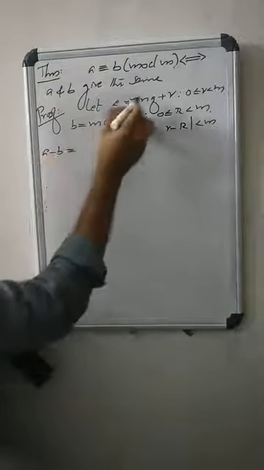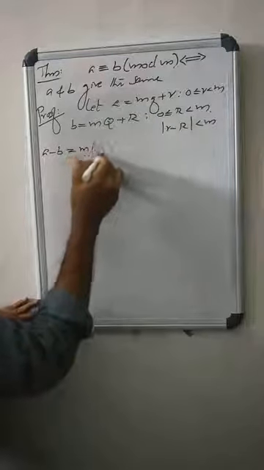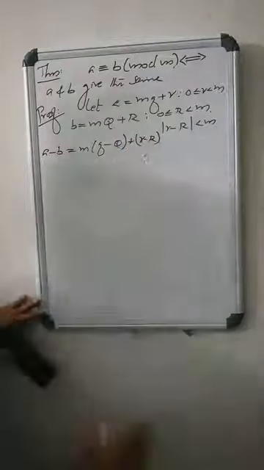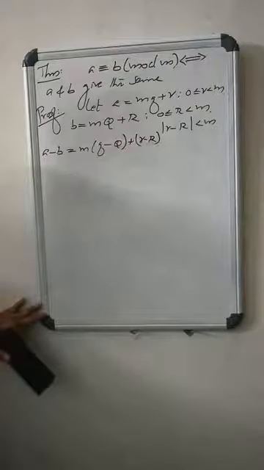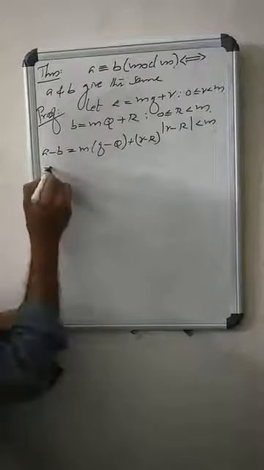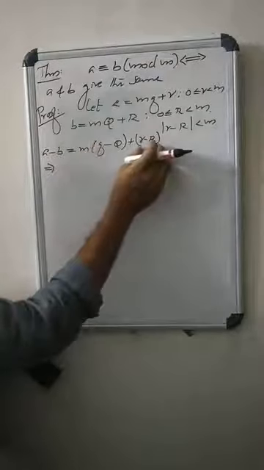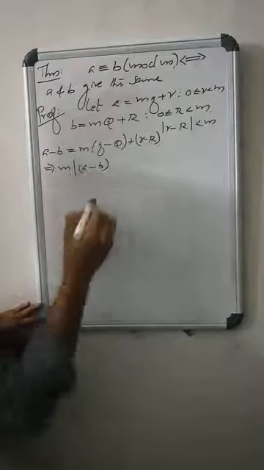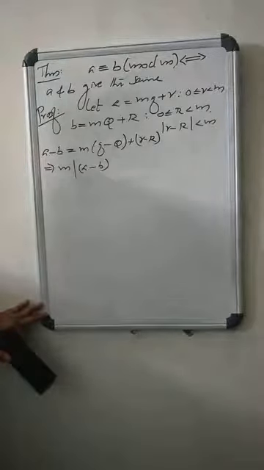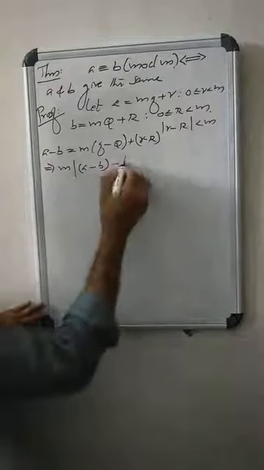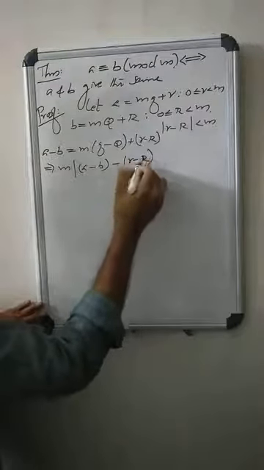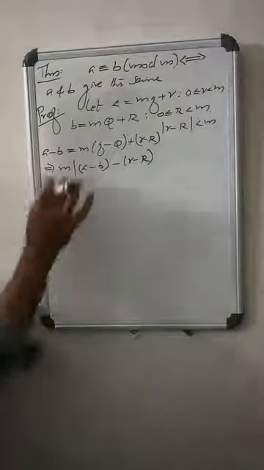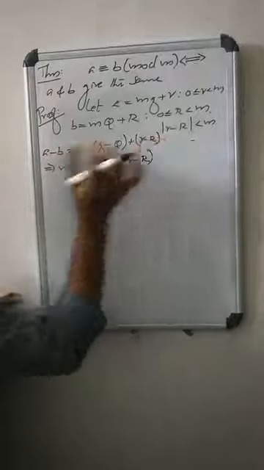A − B = M(Q − q) + (r − R). That means M divides (A − B) − (r − R).